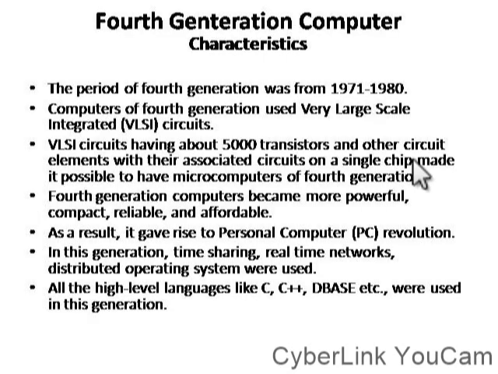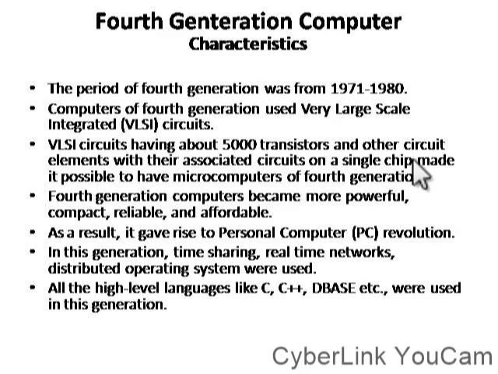Fourth generation computer characteristics. Its period is from 1971 to 80. In this generation, we were using very large scale integrated circuits, VLSI. In short, a VLSI circuit has about 5000 transistors and other circuit elements with their associated circuits on a single chip.